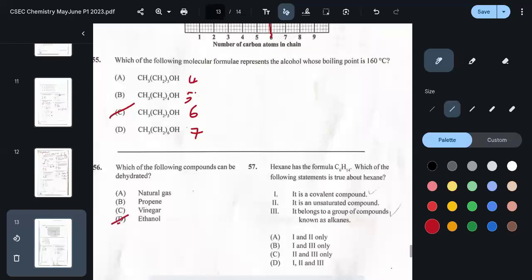All right, and then 57 now. Hexane has the formula C6H14. Which of the following statements is true of hexane? It is a covalent compound. Organic compounds, as we know, are covalent compounds, so that would be true. Is it unsaturated or saturated?